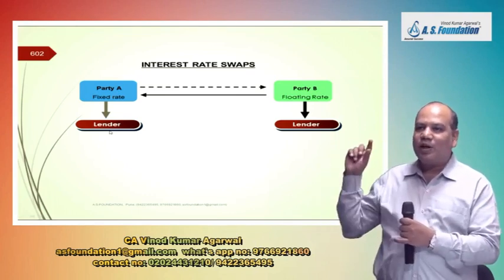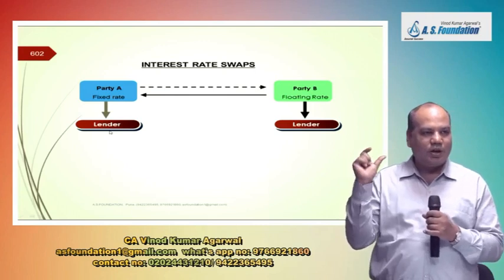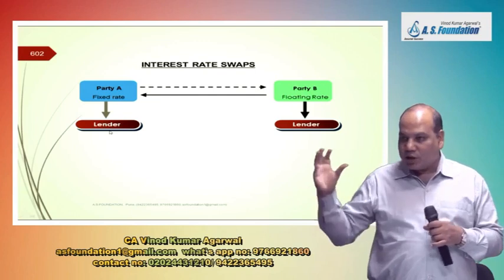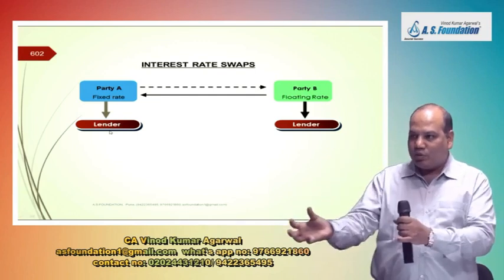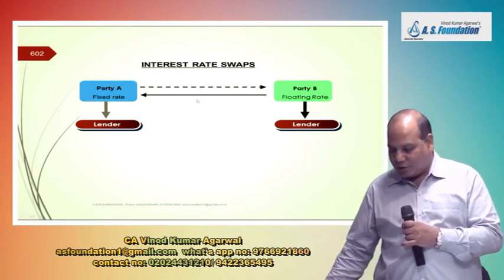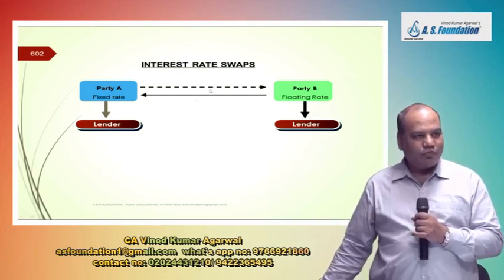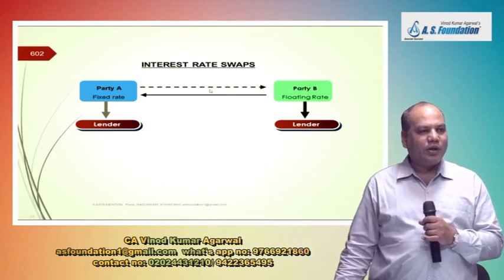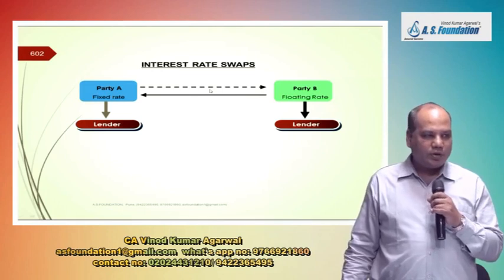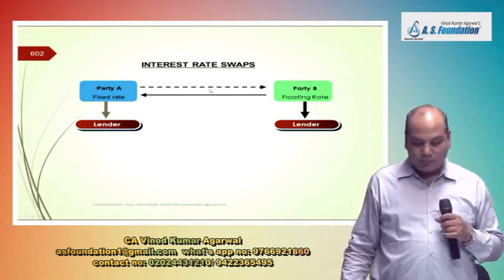With my banker, I will pay the gross interest amount, 100 crore into 10%, example, 10 crore. But with the other party, I will only receive or pay the difference between these two numbers. So effectively the result is that I convert my fixed rate into floating rate or floating rate into fixed rate. That is the net effect of this.